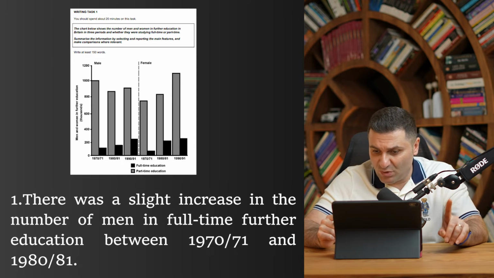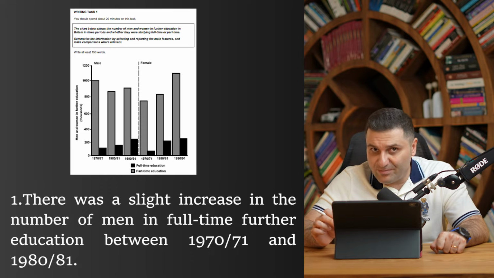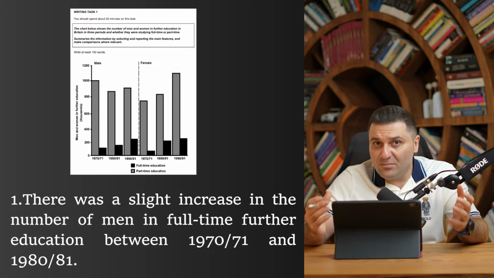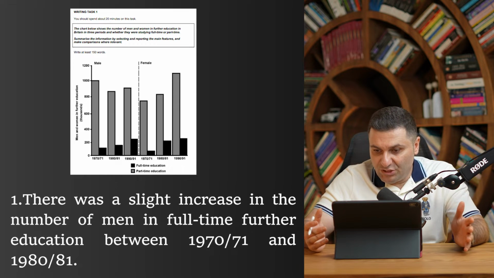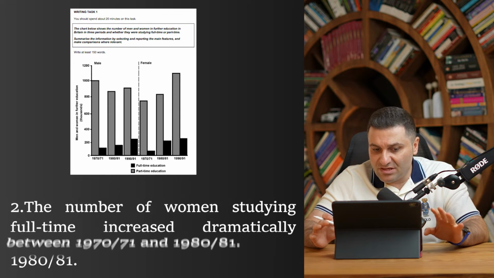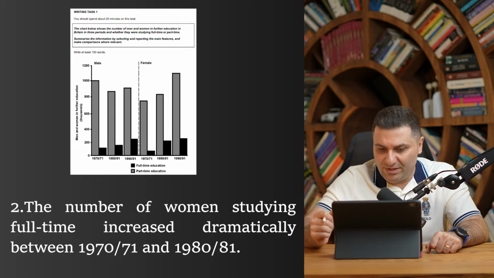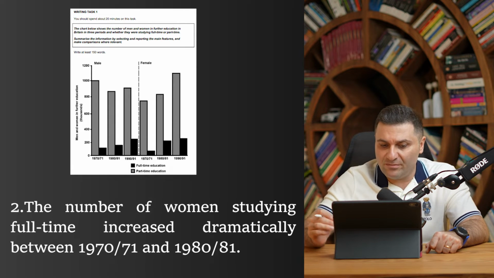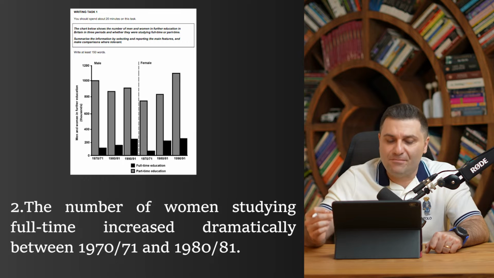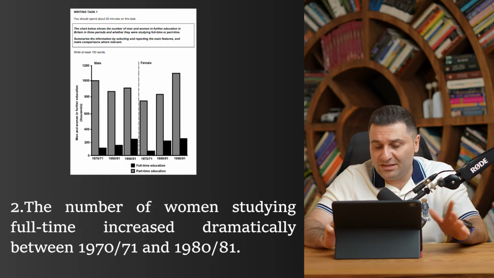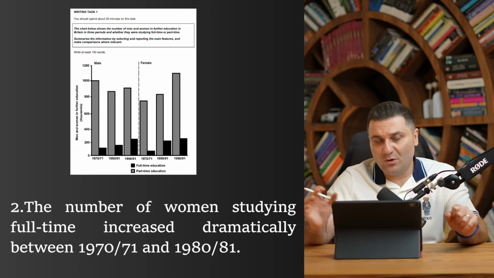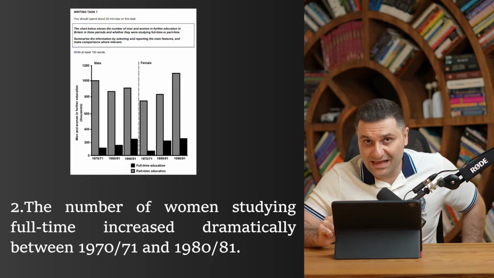This is one sentence. Another one is about the number of women. As you can see, it increased dramatically, right? So our sentence will be something like this: the number of women studying full-time increased dramatically between 1970-71 and 1980-81. All right, and this is about past tense.